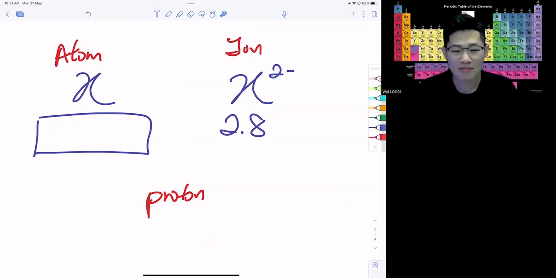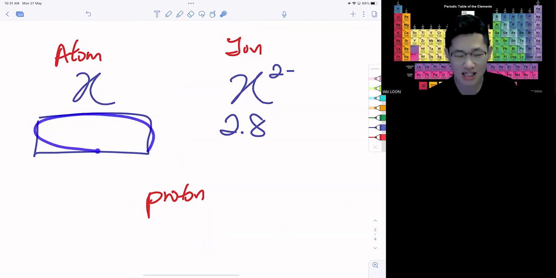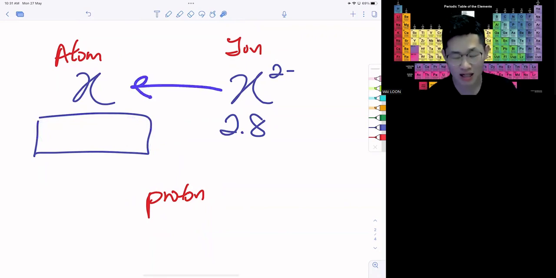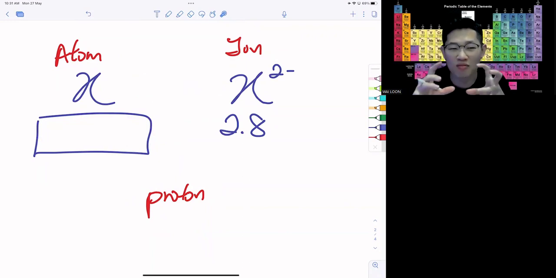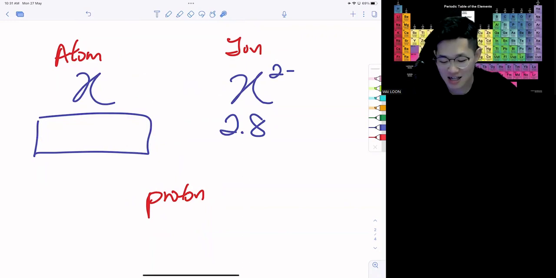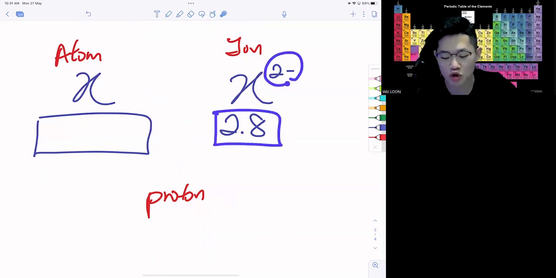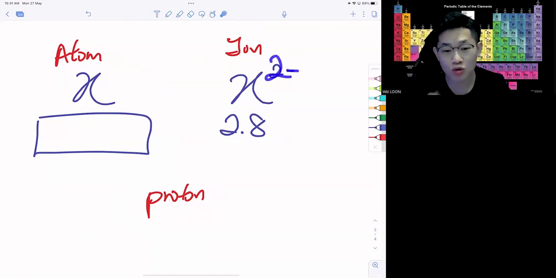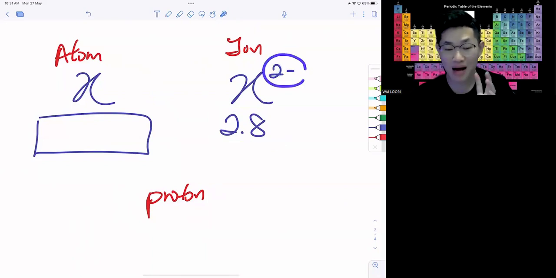So according to my method just now, to get back the electron arrangement from ion, I want to go back to atom, the original form. The electron arrangement is 2, 8. It comes with a charge of 2 negative. 2 negative means minus 2 electron.